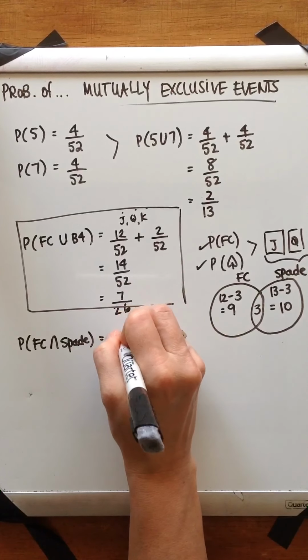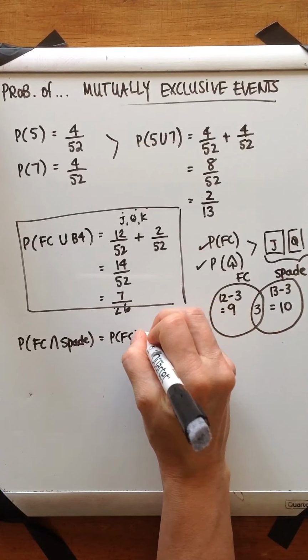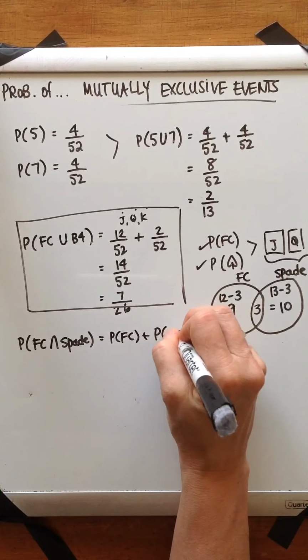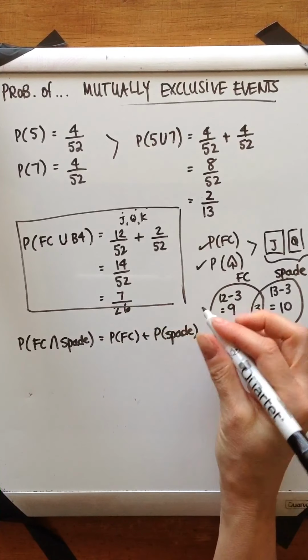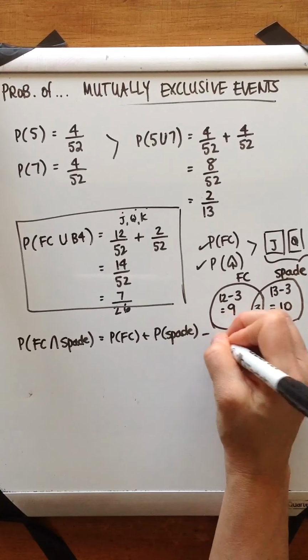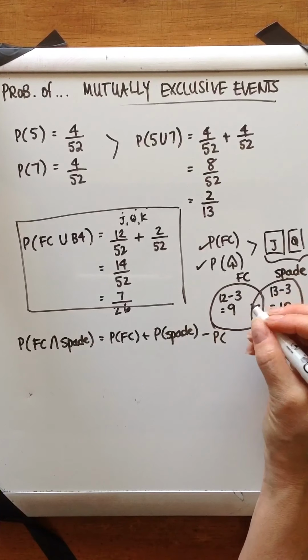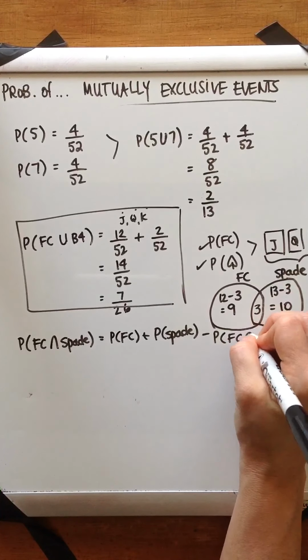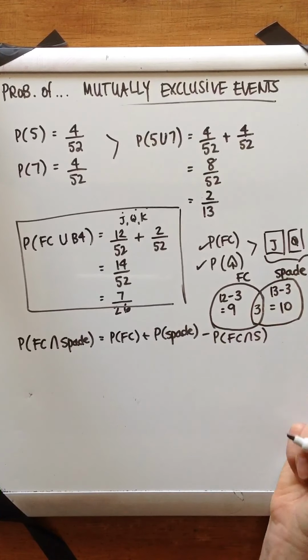So we have the probability of a face card plus the probability of a spade minus the probability of where the face cards and the spades intersect.